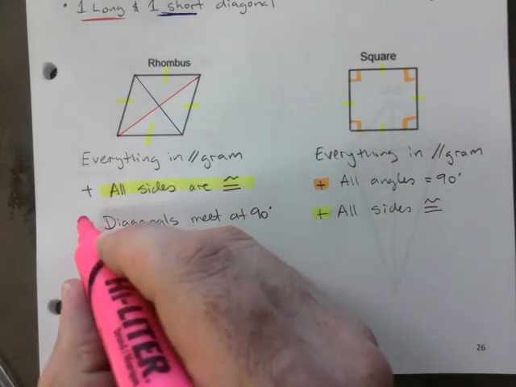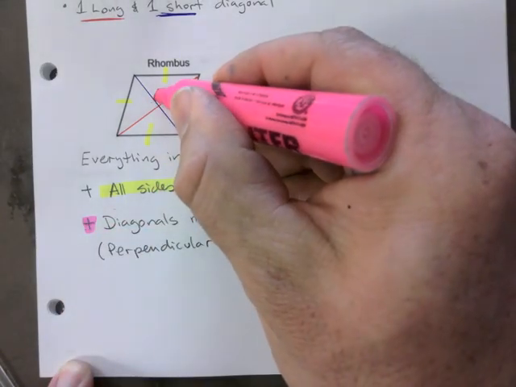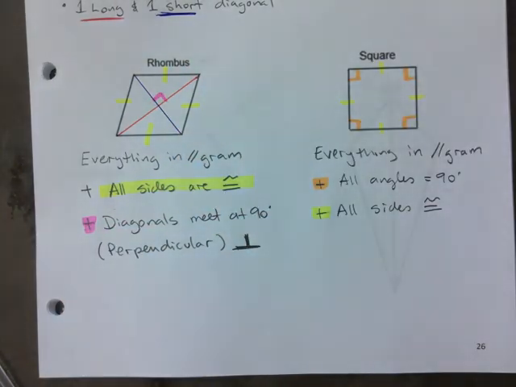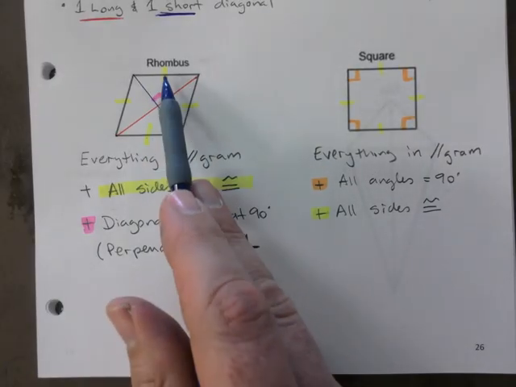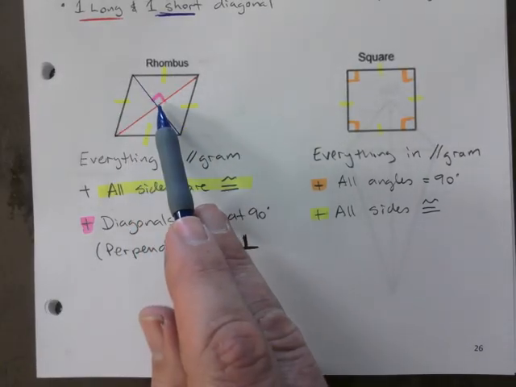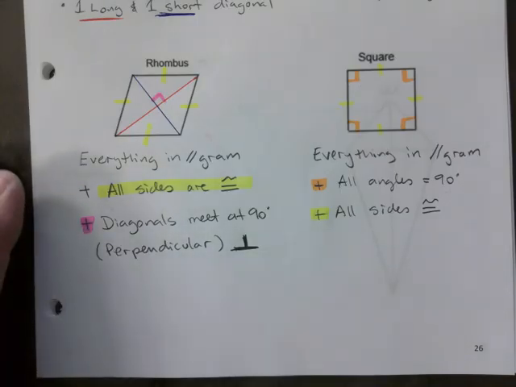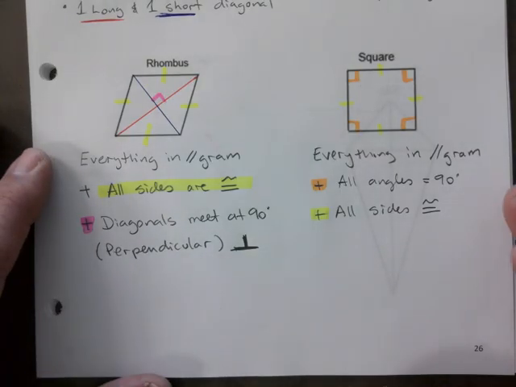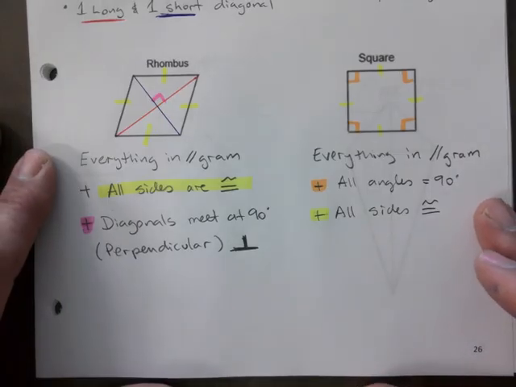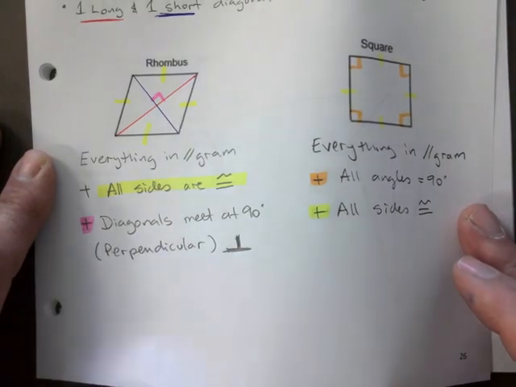I'm going to go with this color. So if you see that all sides are the same and that the diagonals are meeting at a 90, you know for sure that it's a rhombus. 27, back to 27.